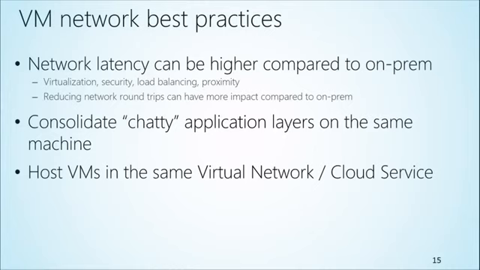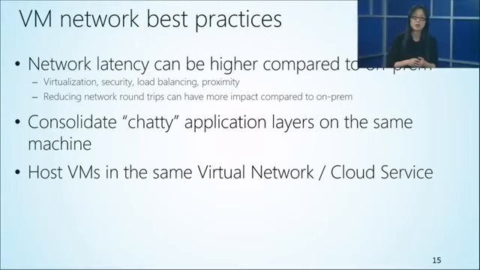So this is an important concept that we recommend to our customers because you would want to shorten your network latency, especially for your chatty network applications when they're bouncing back and forth. You don't want to see that just keep on growing and become a real problem for you.